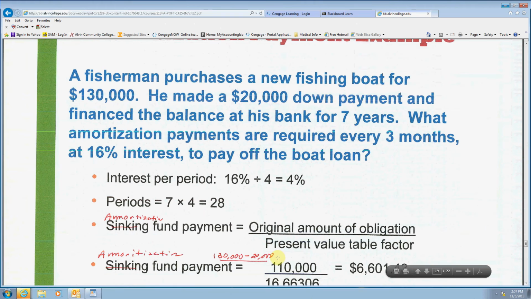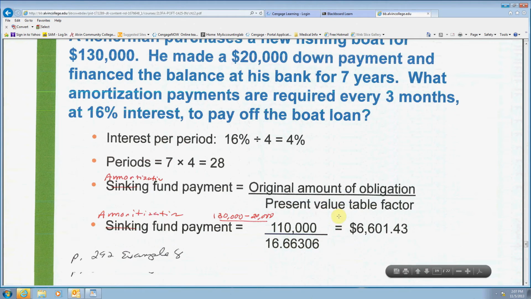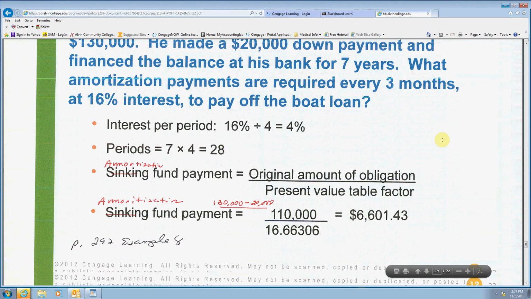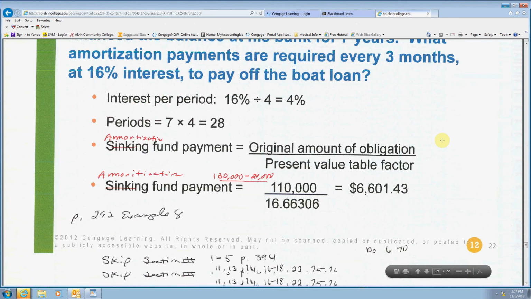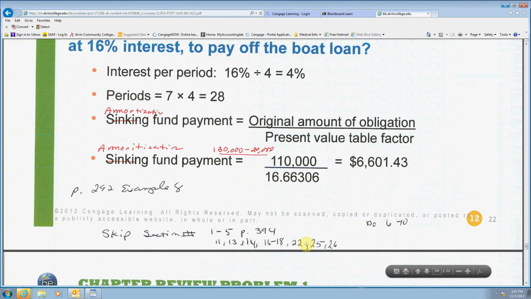And then you divide that by the factor that you found, 16.66306, and it totals $6,601.43 as the fund payment. This is the same example that is also in the textbook. These are sections that we are skipping, but I have given that also in Blackboard.